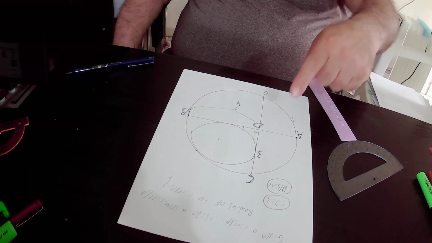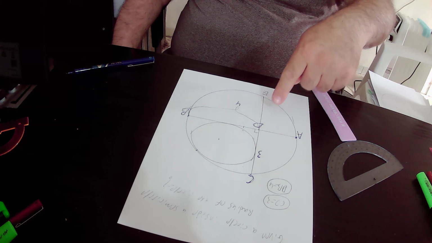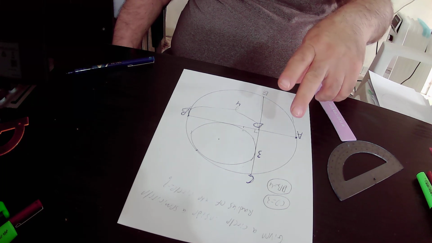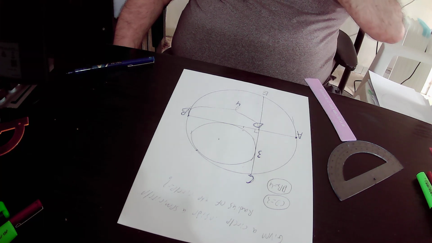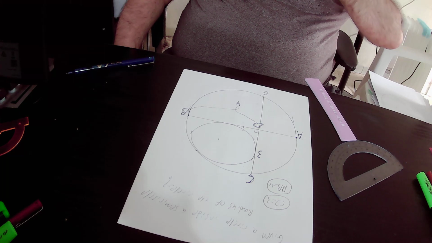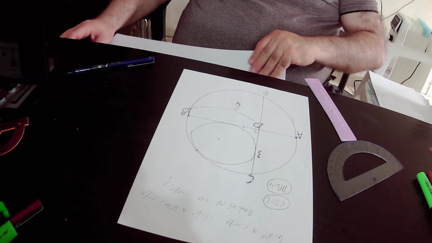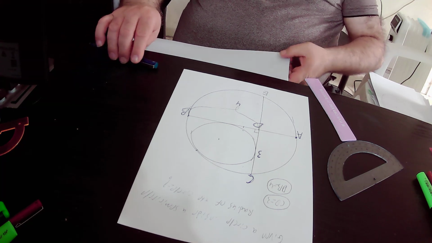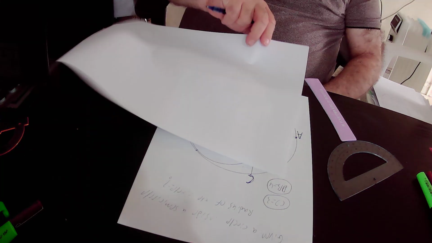Therefore, when we extended the straight line CD, we got line segment CE. So we can write down that line segment CE is a straight line.